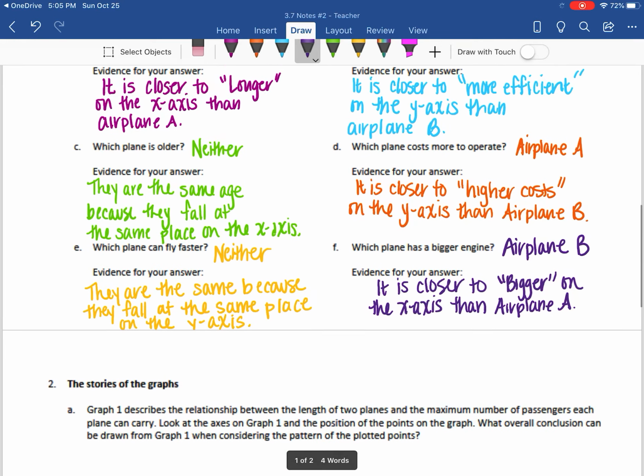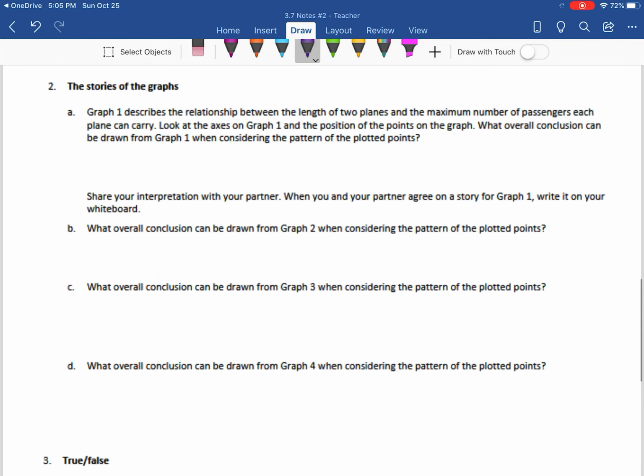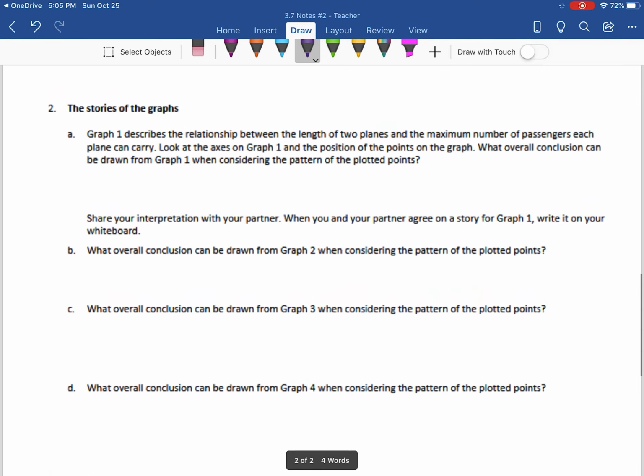Okay. All right. Let's take a look at the stories of the graph. Graph 1 describes the relationship between the length of two planes and the maximum number of passengers each can carry. Look at the axes on graph 1 and the position of the points on the graph. What overall conclusion can be drawn from graph 1 when considering the pattern of the plotted points?